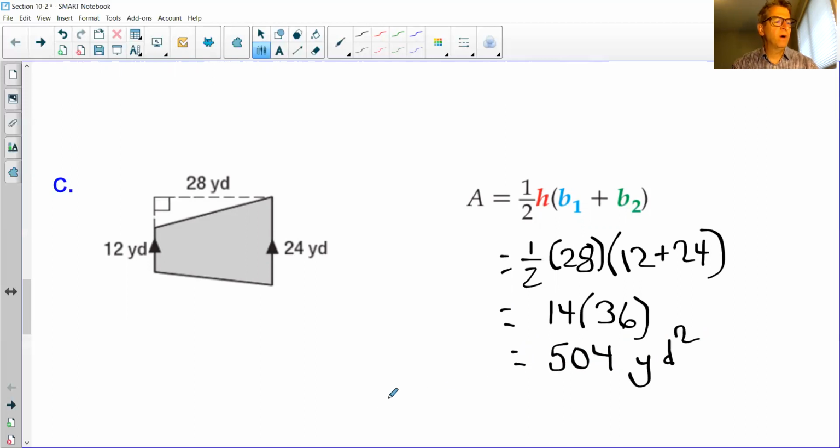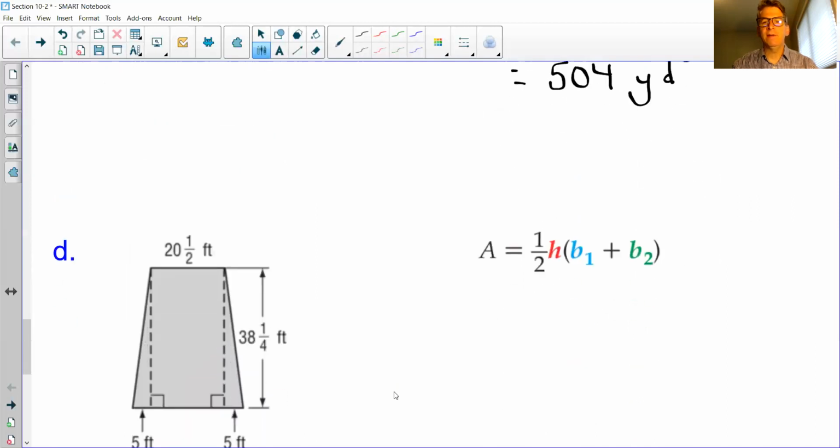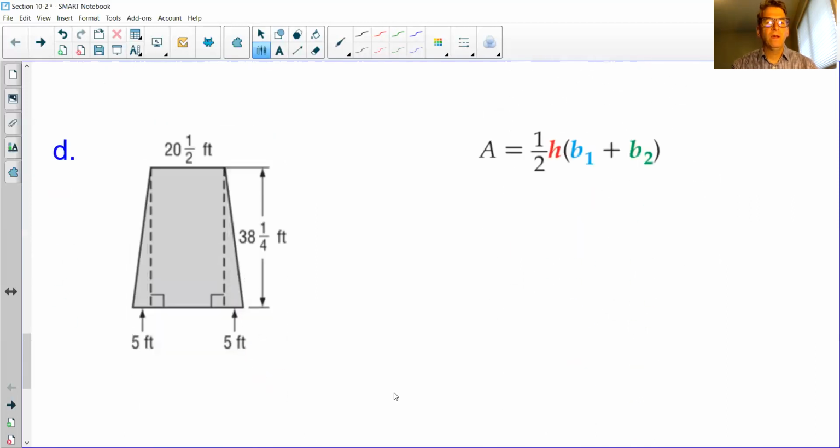Last one on page 1, letter D. We have ourselves 1/2. The height of this trapezoid is 38.25. B1 is 20.5.